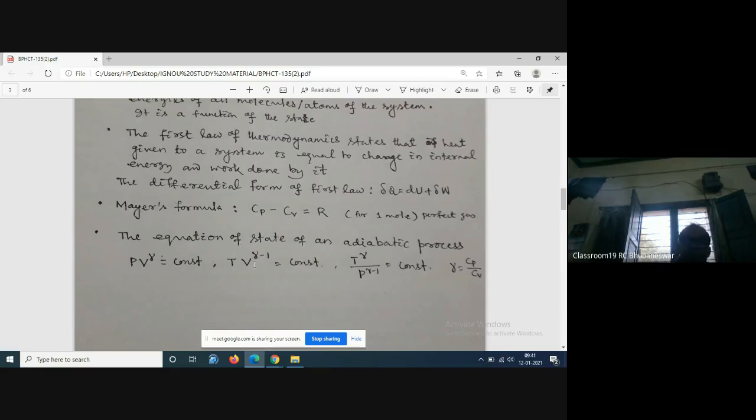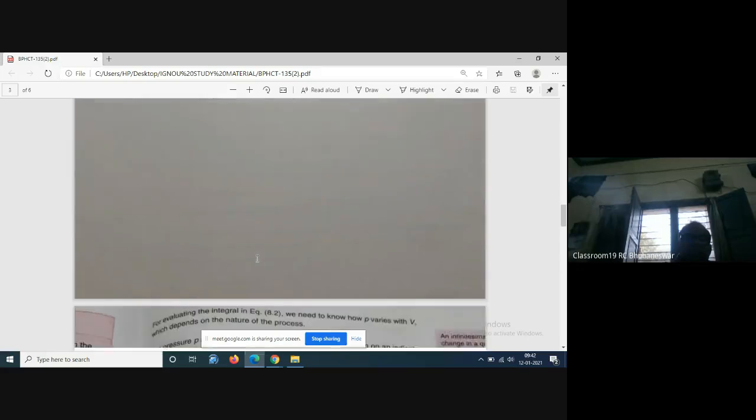We are going to derive this equation of state of the adiabatic process, that is TV to the power gamma minus 1 is constant, PV to the power gamma is constant. This gamma is a symbol, and P, V, T have their usual meaning, that is pressure, volume, temperature. And gamma is the ratio of specific heats, that is Cp by Cv.